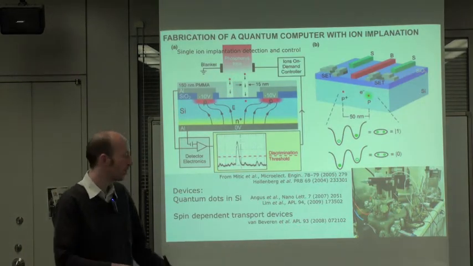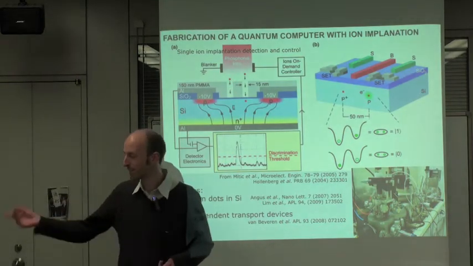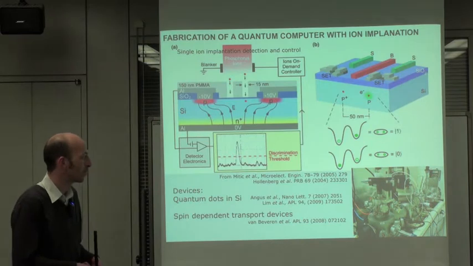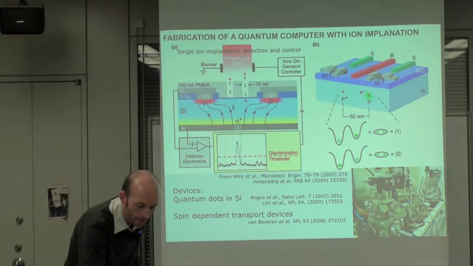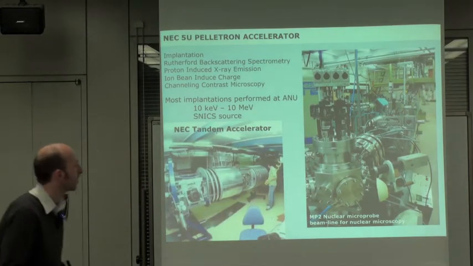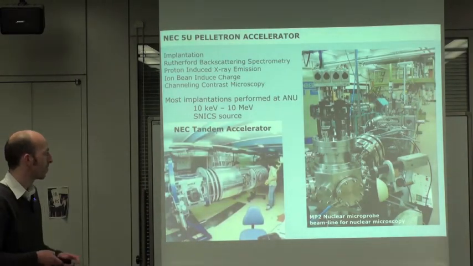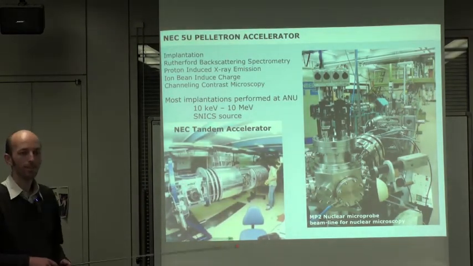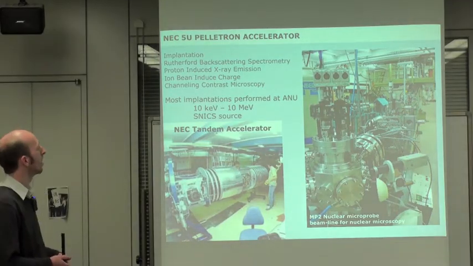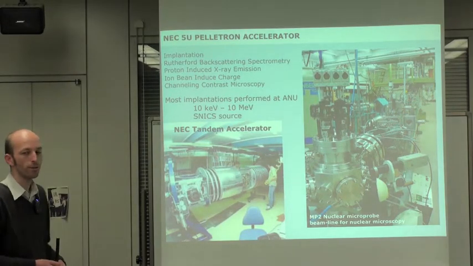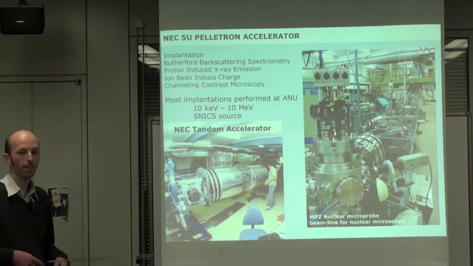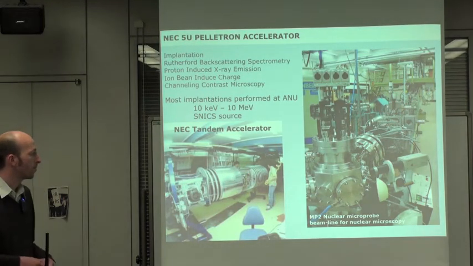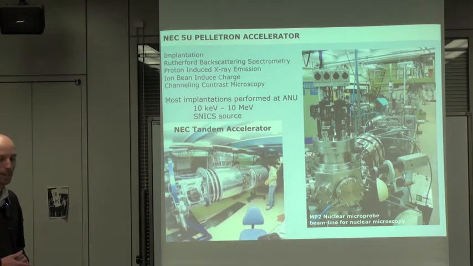This is quite small. It's probably about from here to the wall, and it's optimized just to do the 14 keV phosphorus. Other than that implanter, we have access to the ion implanters in Canberra at Australian National University. They have a tandem accelerator there, and a smaller accelerator.